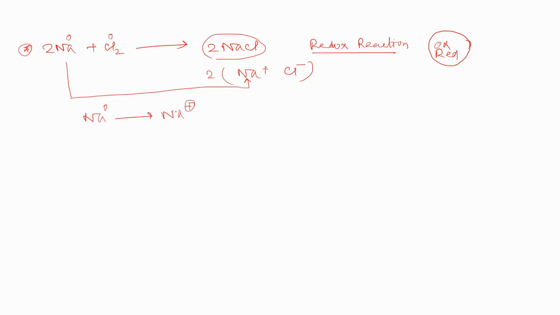To balance the charge, I will write 1 electron here, because this is 0 but it is +1. So to fulfill the charge, I will write 1 electron extra here. So 0 to +1, and 1 electron is lost. So it is an oxidation reaction.